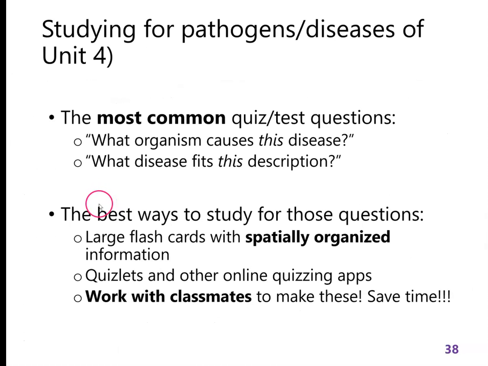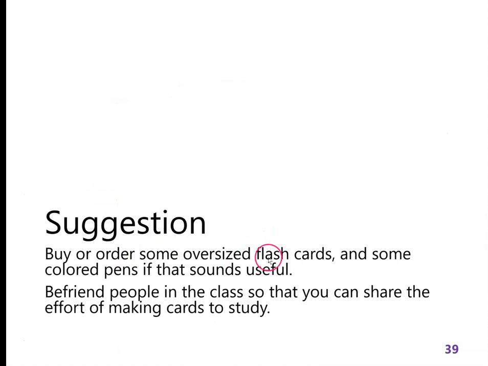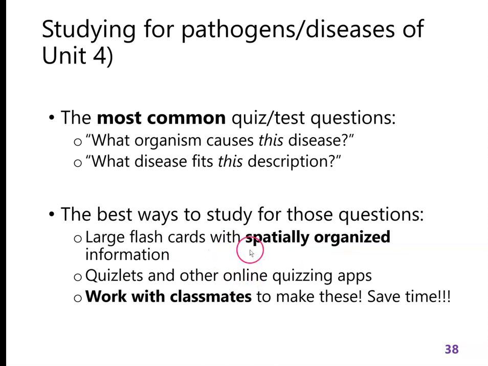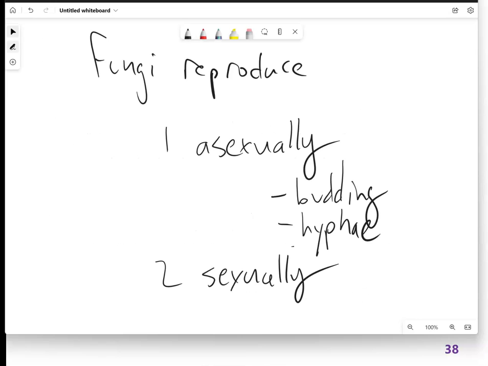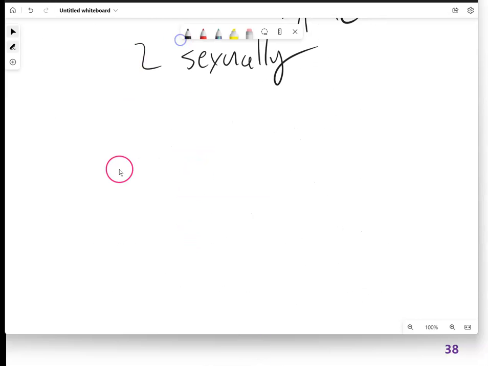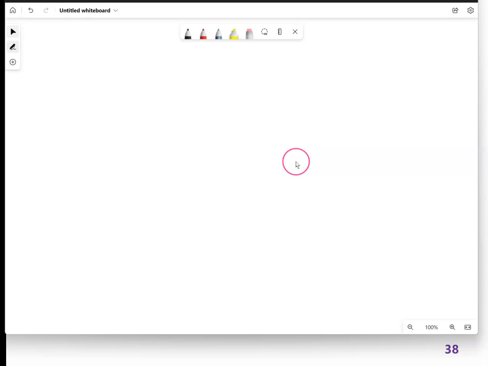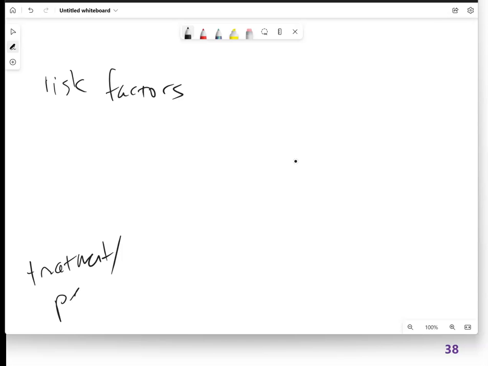And if we go back up to spatially organized flashcards, what I recommend is in one corner you might do risk factor. Down here you might do treatment, prevention.